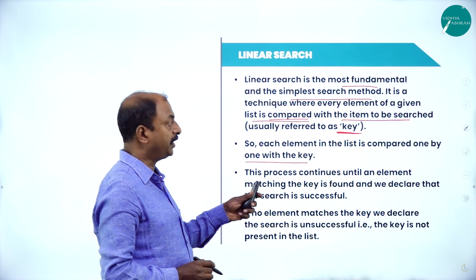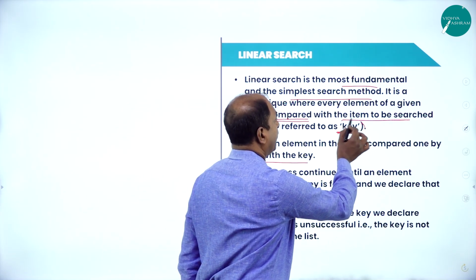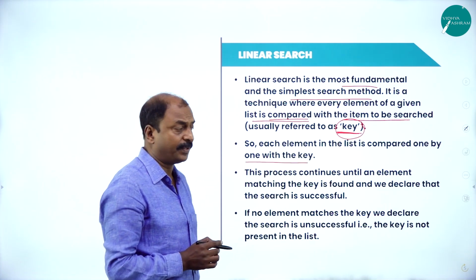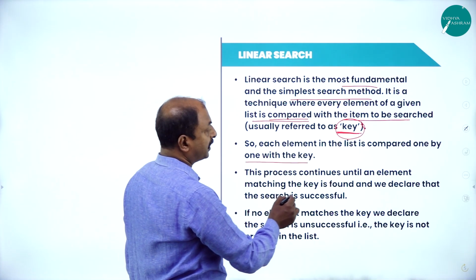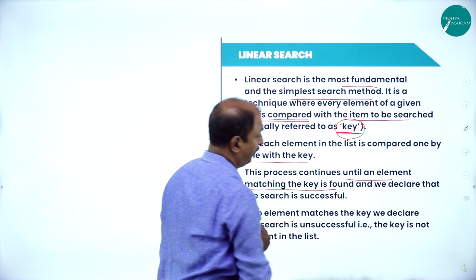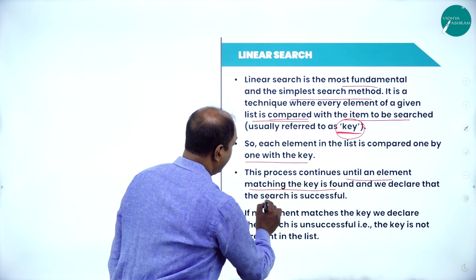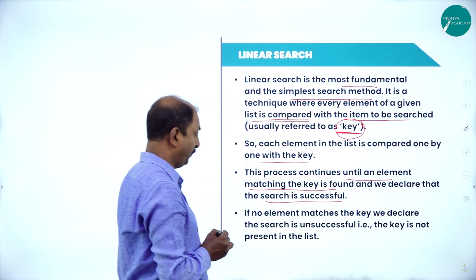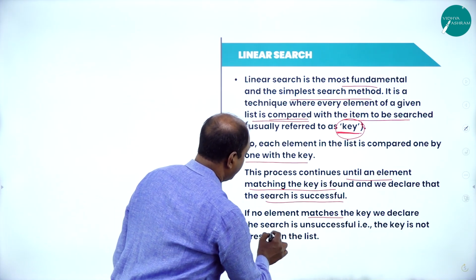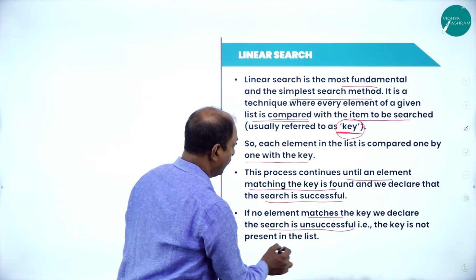So this is the procedure. The given key element is compared with each and every element of the given list, and this process continues until an element matches the key element, and we declare that the search is successful. If no element matches, then we declare that the search is unsuccessful.